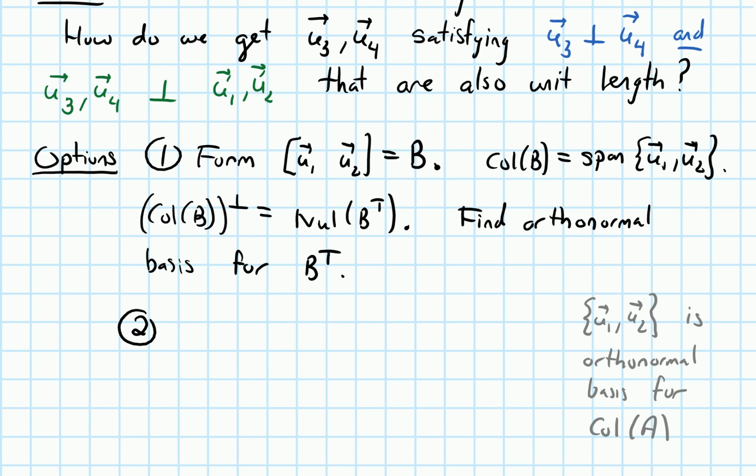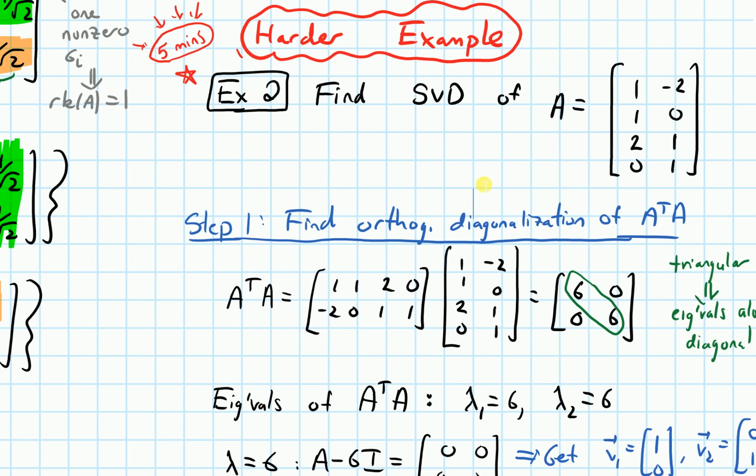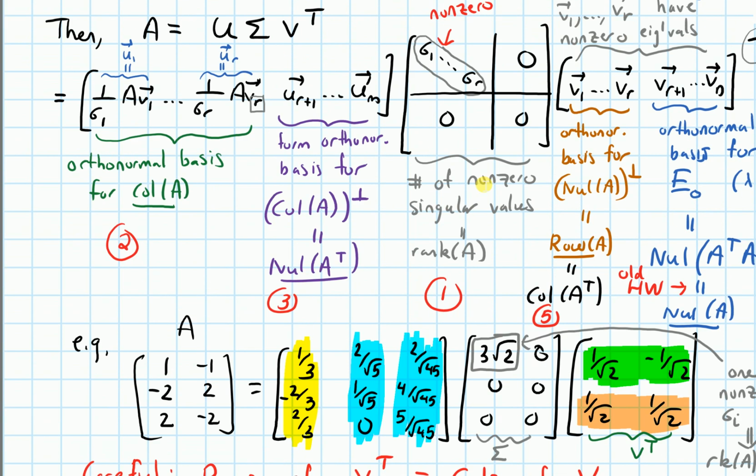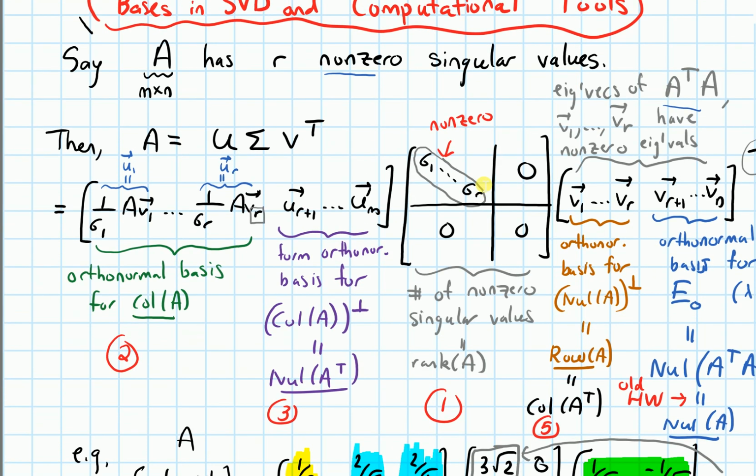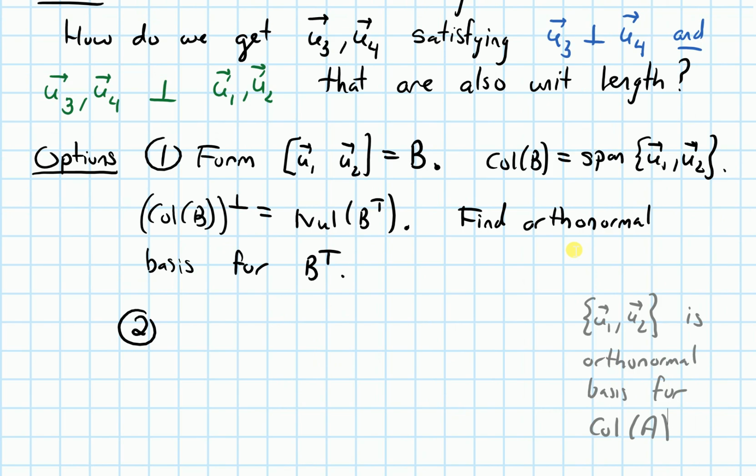In fact, let's just flip to that. In the last video, we saw that u1 all the way up until u_r form an orthonormal basis for the column space of A, the original matrix. So now we need to get some vectors that are orthogonal to those. In other words, let's look at the column space of A perp.